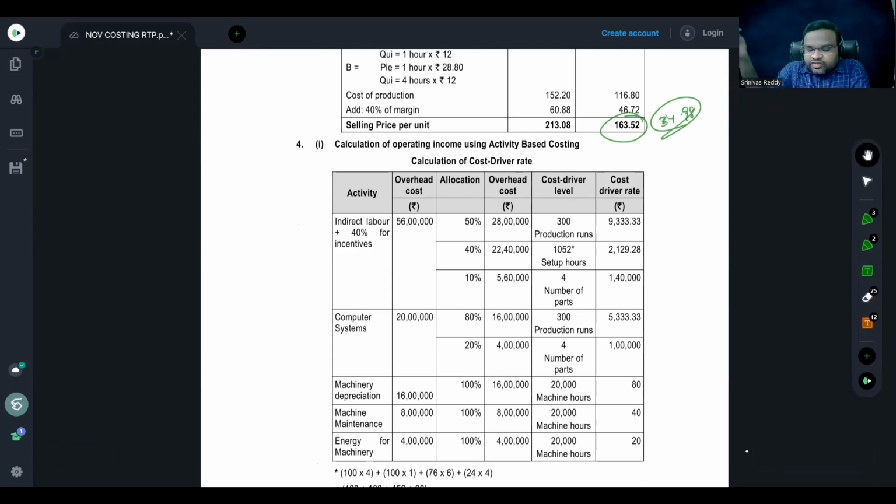First one is indirect labor. What is the indirect labor cost? It says 40 lakhs plus 40% incentives. So how much is indirect labor? 40 lakhs plus 40%, which is equal to 56 lakhs.